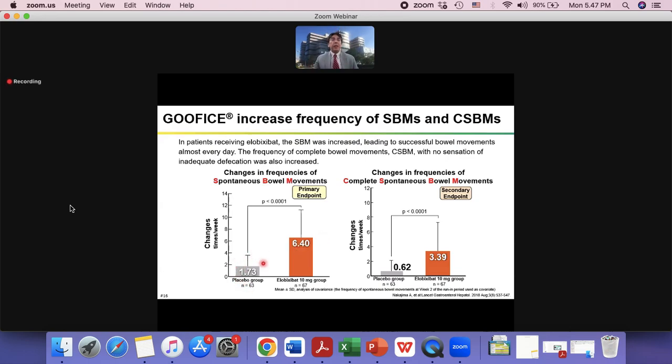That means the patient gets an everyday bowel movement, and especially a spontaneous bowel movement. The Elobixibat 10 milligram group shows about 3.39 in comparison to 0.62 in the placebo group. That is very excellent data.